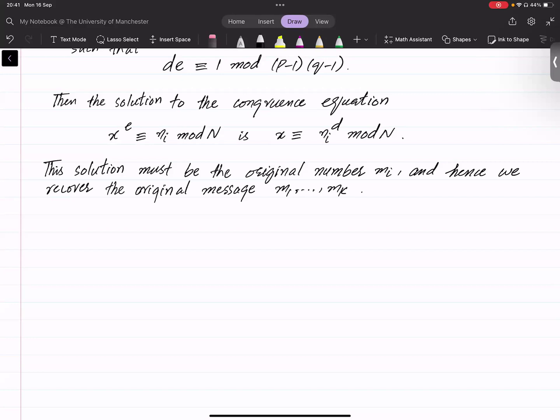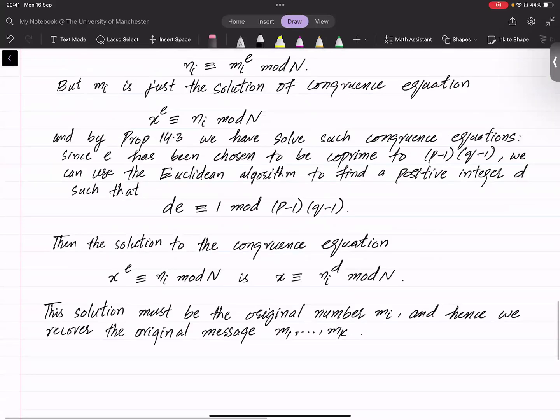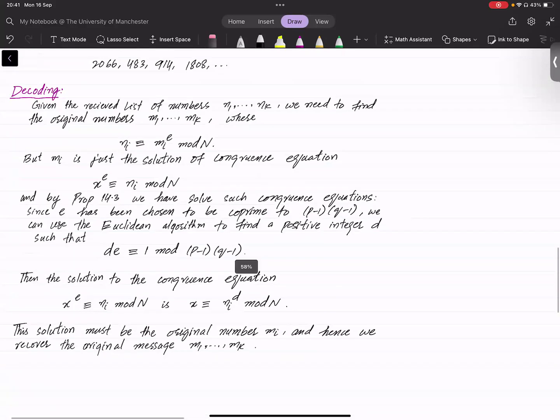Okay, perfect. So this is the decoding process, right?